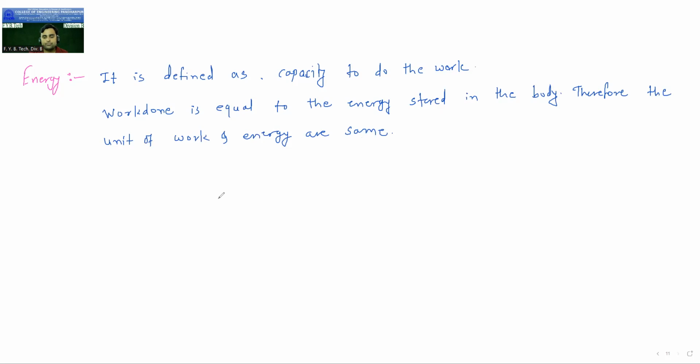So the energy is measured in joules or kilojoules.